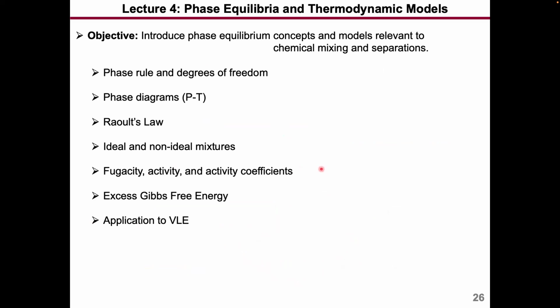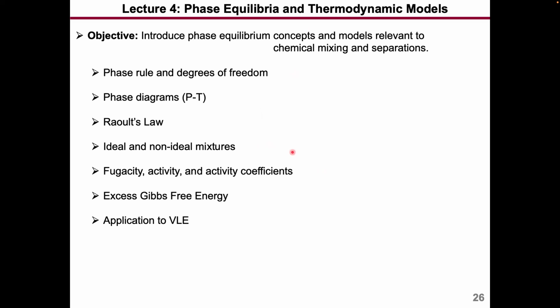All right. So that's a lot of content in this lecture. Hopefully you can go back to read these lecture slides a few more times to fully digest the material. But hopefully we introduced you to how to analyze phase equilibrium. We talked about the phase rule, phase diagram, Raoult's law, ideal and non-ideal mixtures, and then we introduced fugacity to describe non-ideal mixtures.